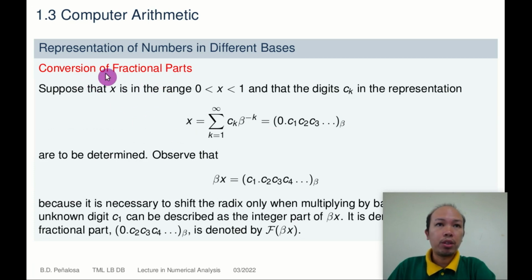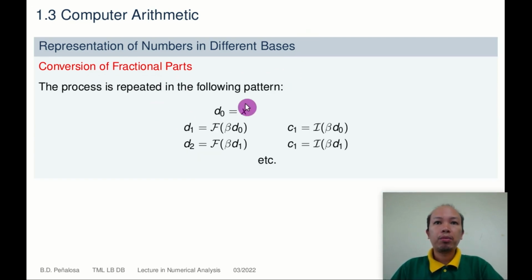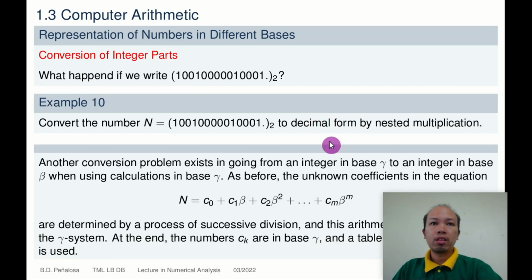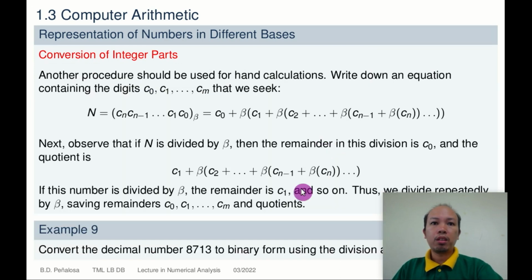Conversion of the fractional parts. Before we proceed to the conversion of the fractional part, let me give you an illustration which is the same as the one we did before.